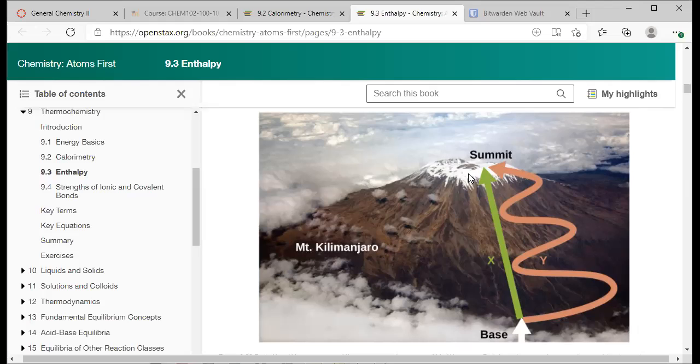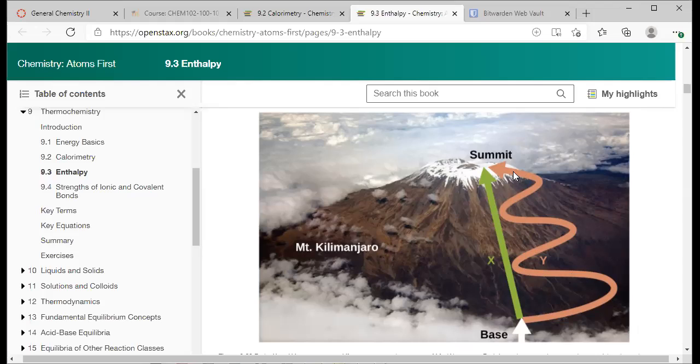So many of your paths up a mountain are winding back and forth. And you travel a great deal more distance on that winding path, but it's more efficient to get you to the top of the mountain. It doesn't get you climbing up too many straight up hill things.